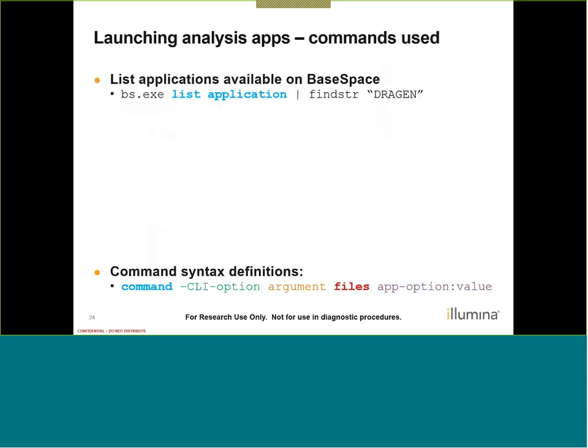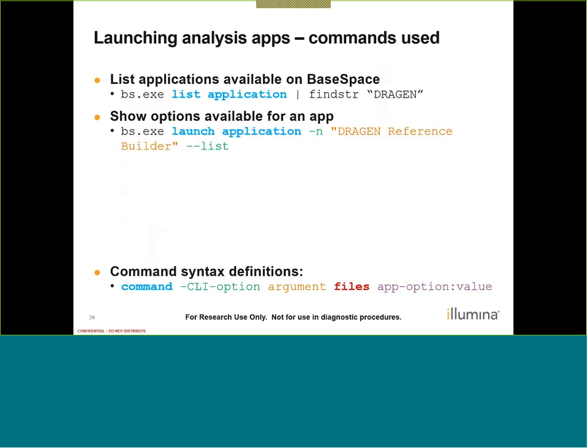Okay, so for this section, we're going to go through listing applications. We're going to go through finding out what options are available for those applications on BaseSpace, as well as which ones are required and optional.